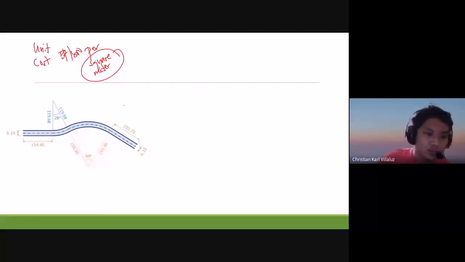Given a width per lane of 3.05, it has 2 lanes, so on both sides, a total of 6.1 for the width of the road.